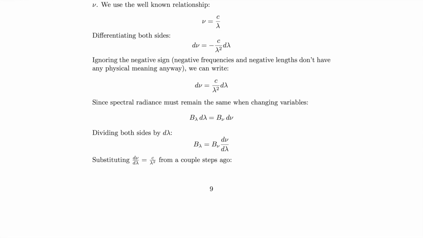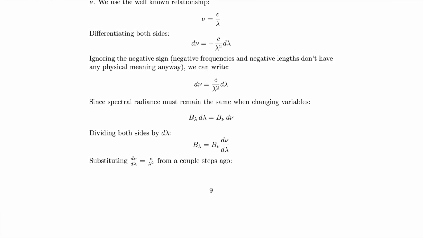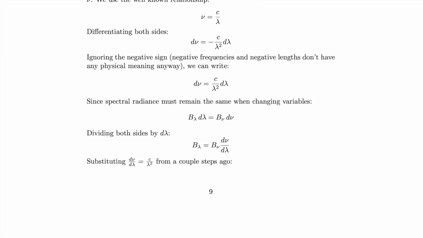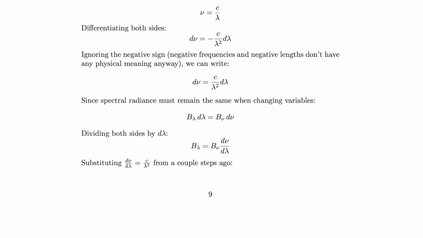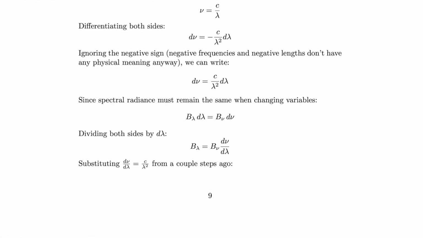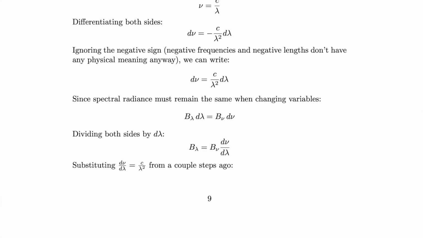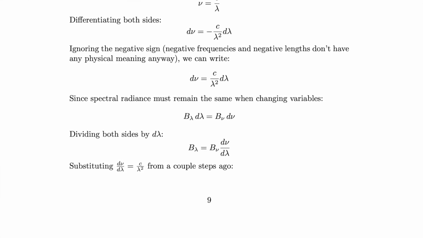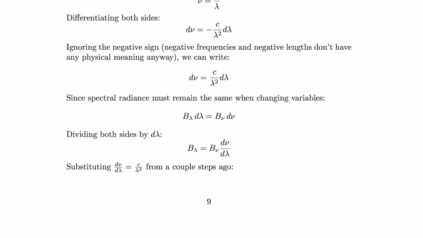So whether you integrate it over all of the possible frequencies or all of the possible wavelengths, these are just different viewpoints of looking at certain regions of the power density. But the total power density has to be the same if you integrate over all frequencies or all wavelengths respectively.